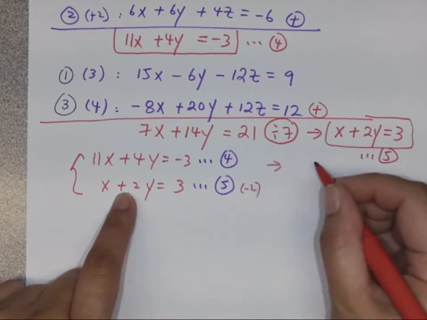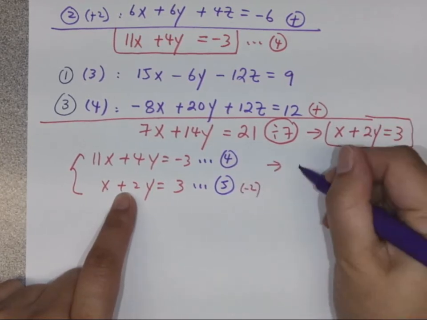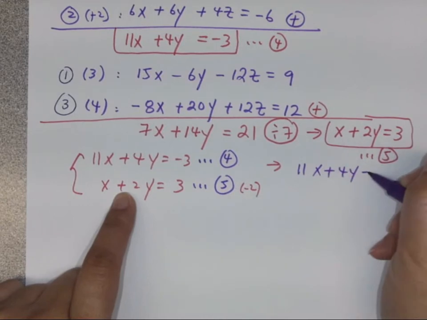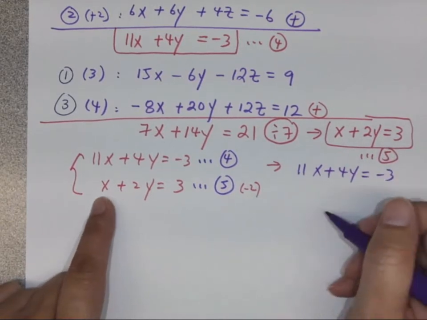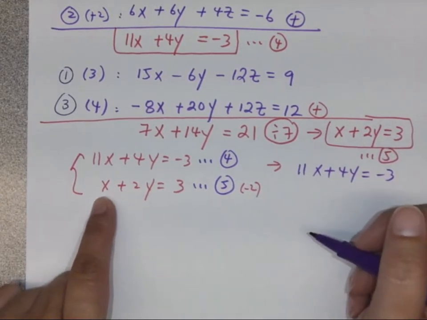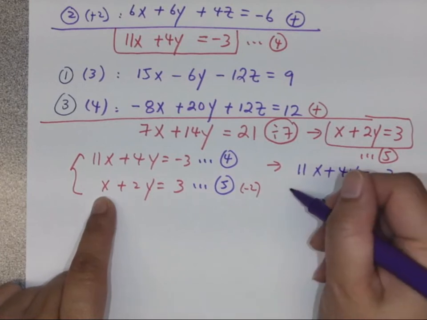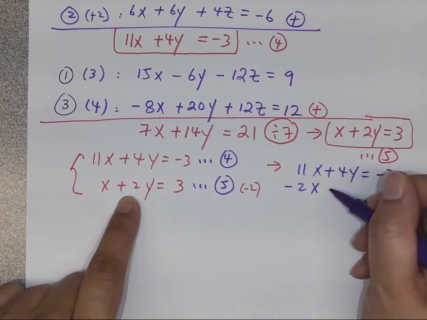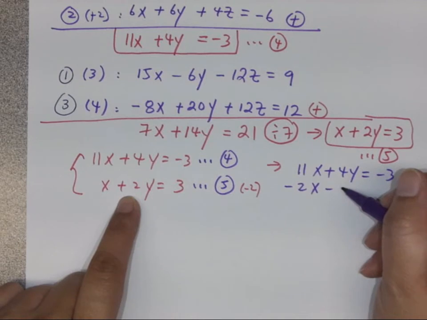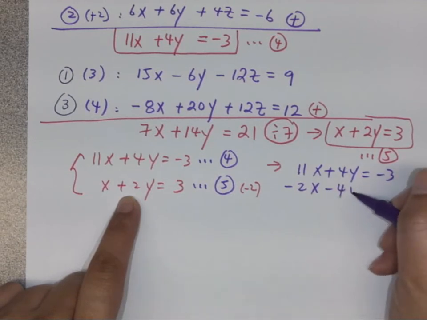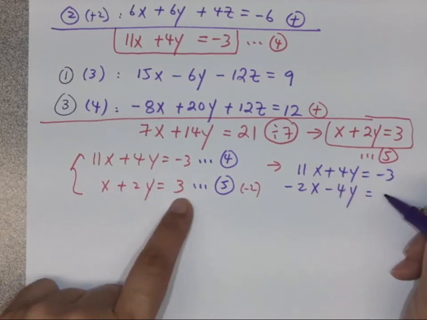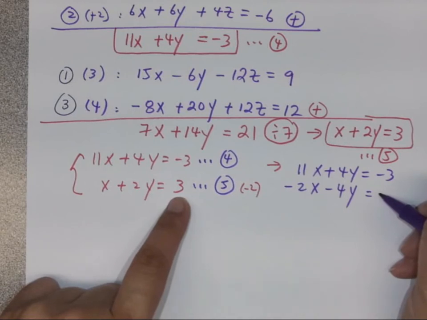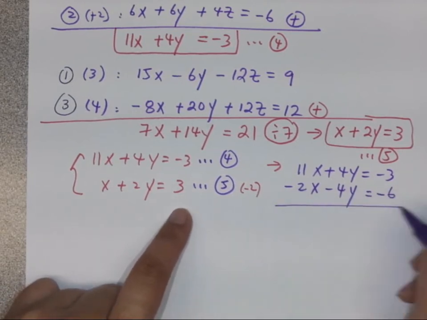So I'm going to bring down equation 4, which is 11x plus 4y equal to negative 3. And then the bottom one times negative 2, we got negative 2x minus 4y equal to negative 6.